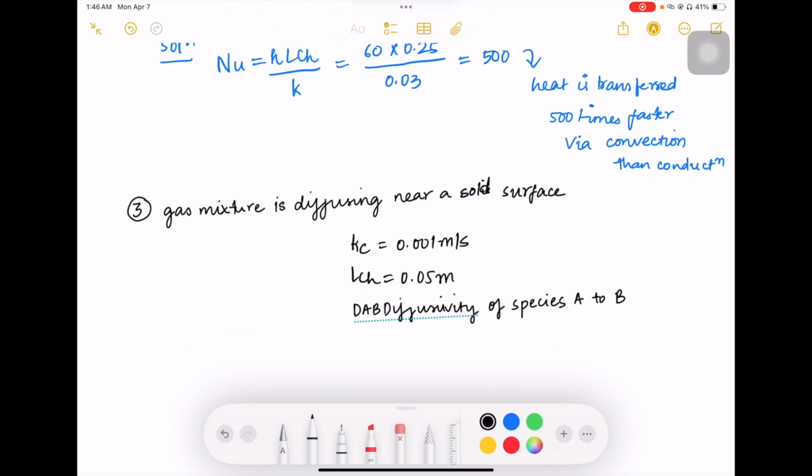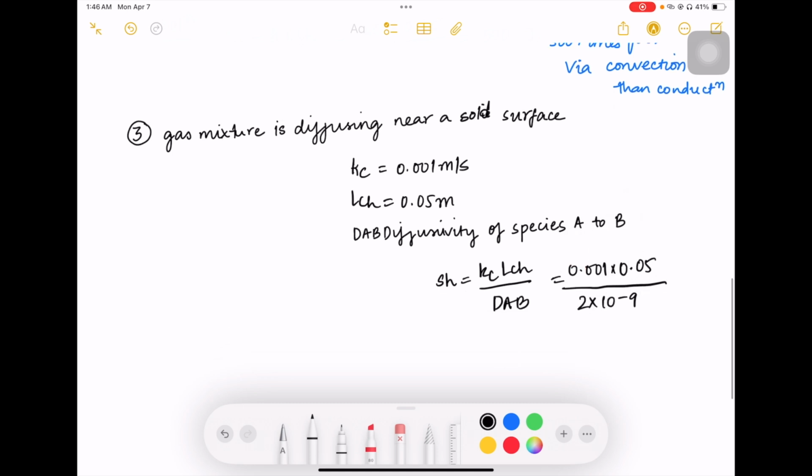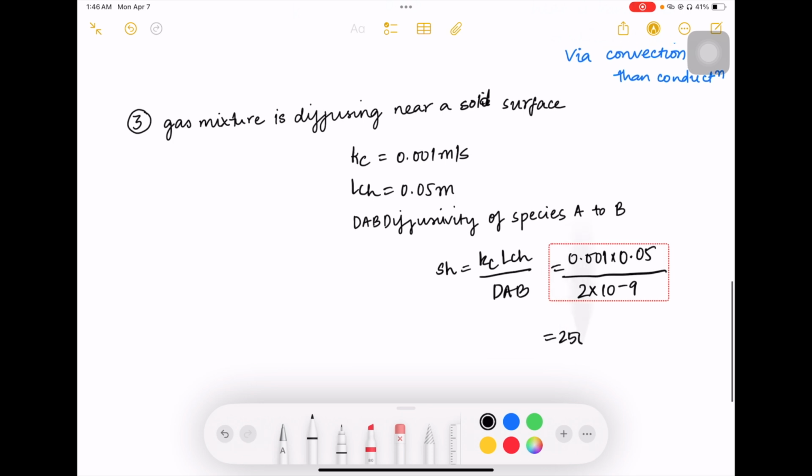So now, continuing the problem, we have the Sherwood number SH as Kc into LCH divided by DAB, that is 0.001 into 0.05 divided by 2 into 10 to the power minus 9. Very similarly, we get it as 25,000.